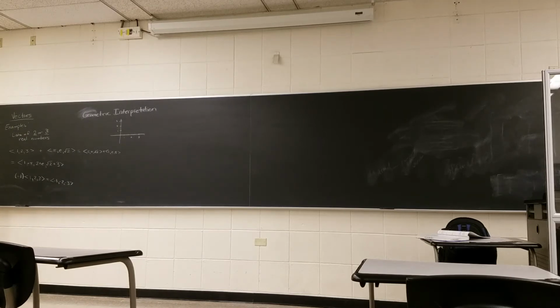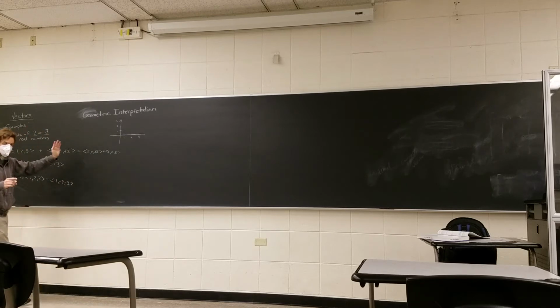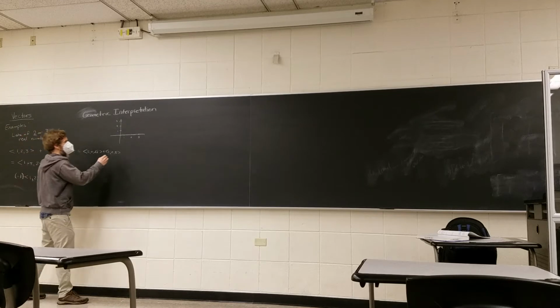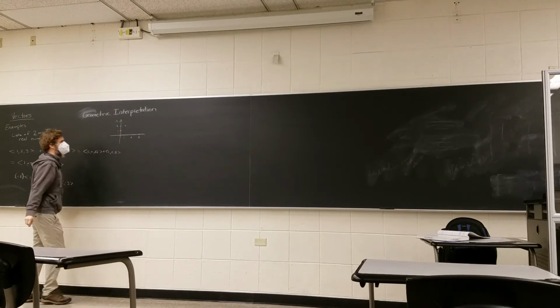Then a 2D vector could be interpreted as a point in the plane, right? Because every point in this plane is defined by a first number and a second number. And the order matters, right? So the vector 1, 2 could be this point right here.